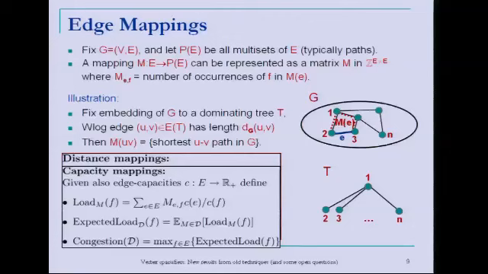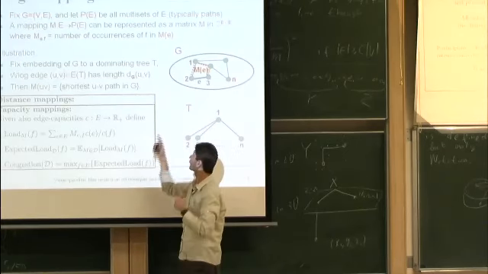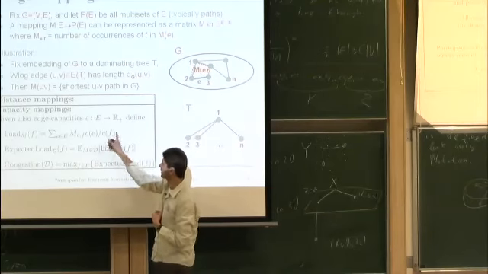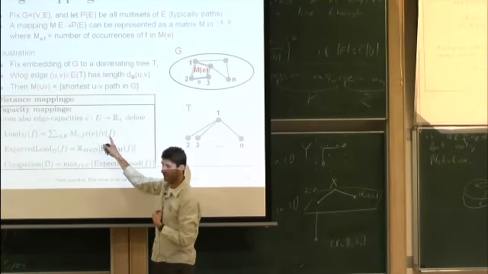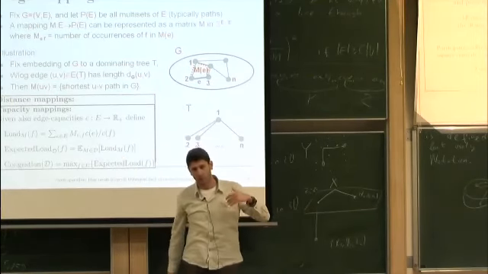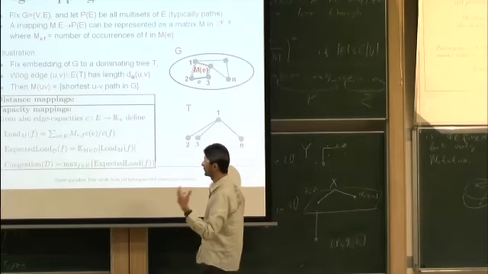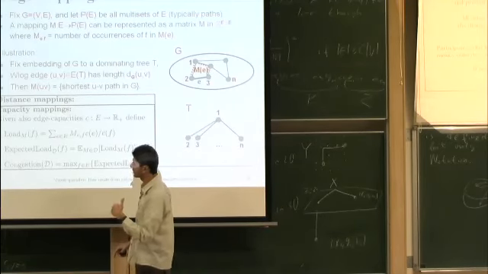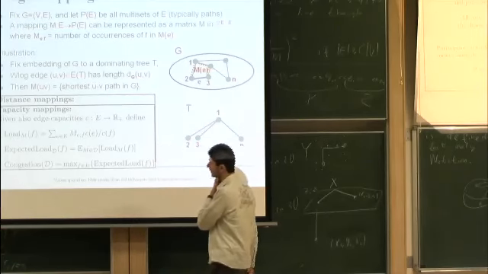You ask how many edges might need to use this edge 1, 2. Well, edge E might need to use edge 1, 2. And maybe there are many like this. So I see how much capacity I should be reserving for that edge, since they might want to use this edge, and I only have capacity of this F. So I see how much more capacity I need for this edge. It's like it should be reserved, or it's overloaded. That's the load of the edge.